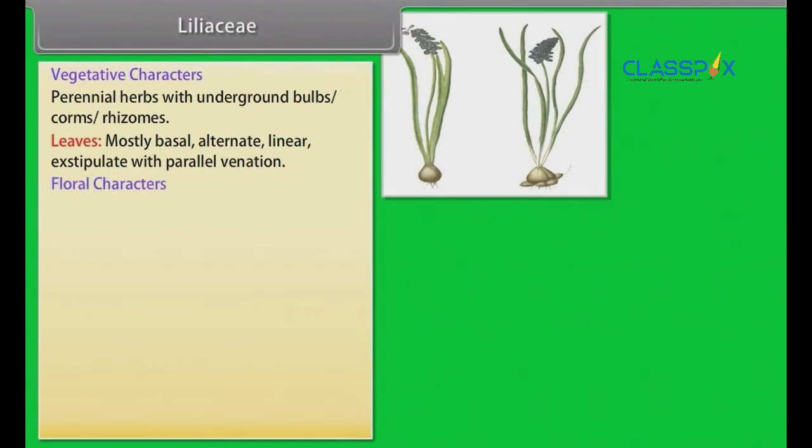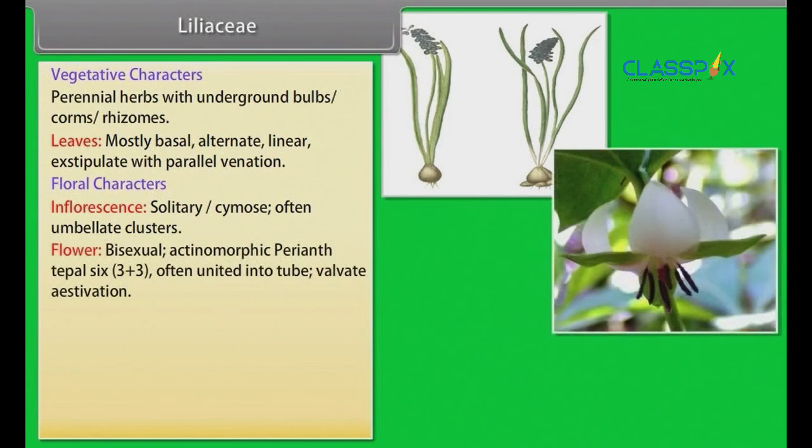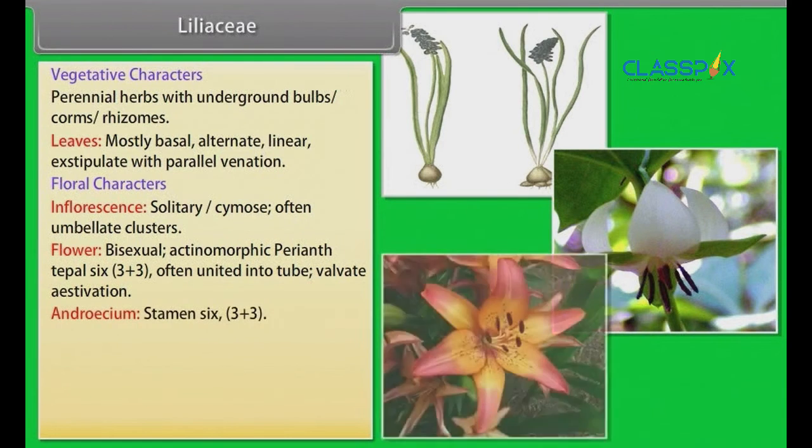Floral characters: inflorescence solitary, cymose, often umbellate clusters. Flower bisexual, actinomorphic. Perianth tepals 6 (3+3), often united into tube, valvate aestivation. Androecium stamens 6 (3+3).